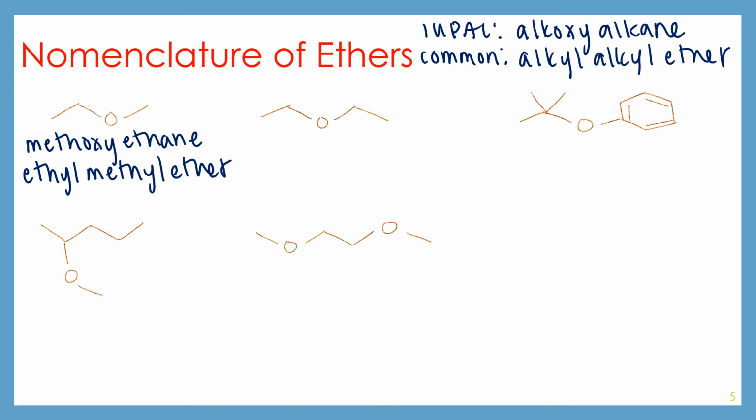Now in our next one, we have two equivalent alkanes. So one is going to have to be a substituent on the other. So let's say that we have ethane and we have an ethoxy substituent. This becomes ethoxyethane. And then for our common name, we're going to have to bring in a little bit of our IUPAC rules here.